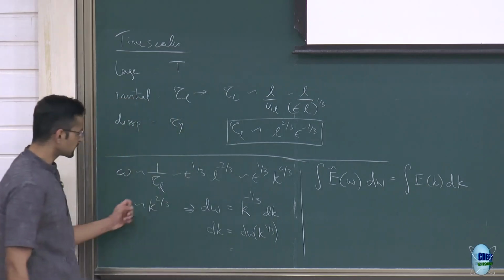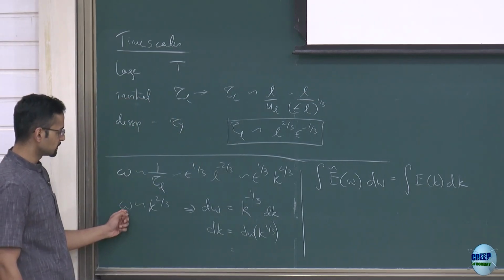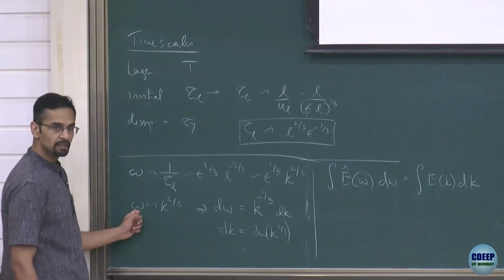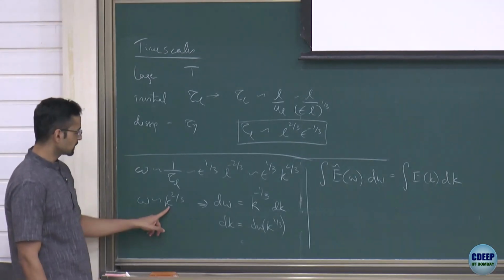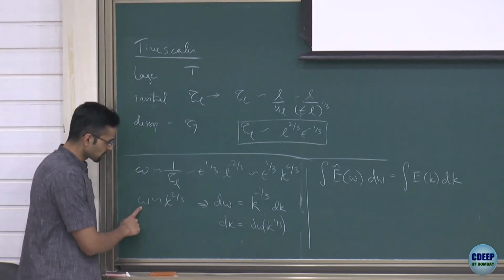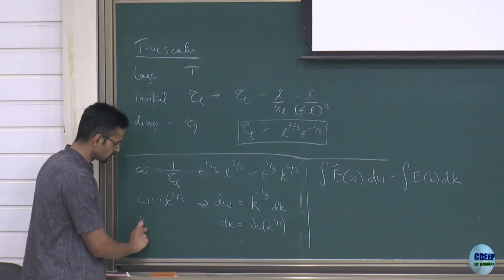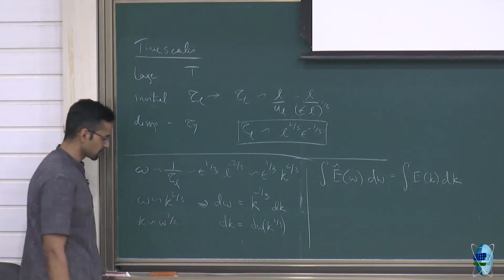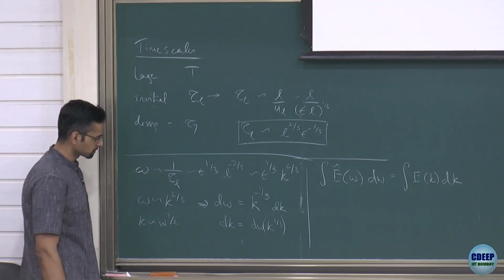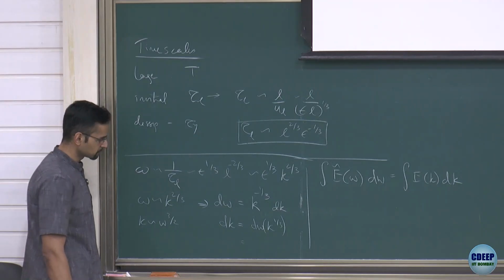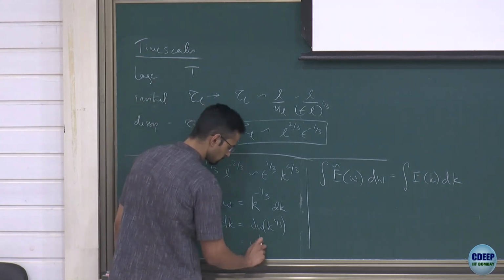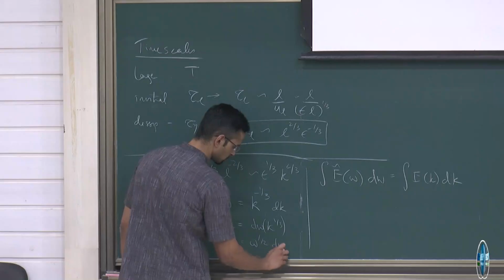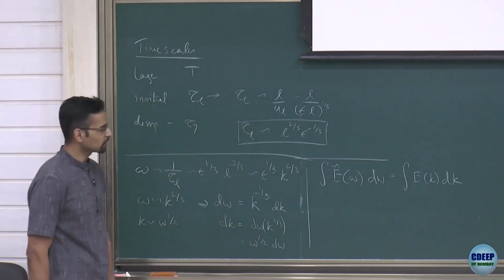But I want to rewrite dk in terms of omega. So omega to the 3/2 is k. Now you substitute it in there.